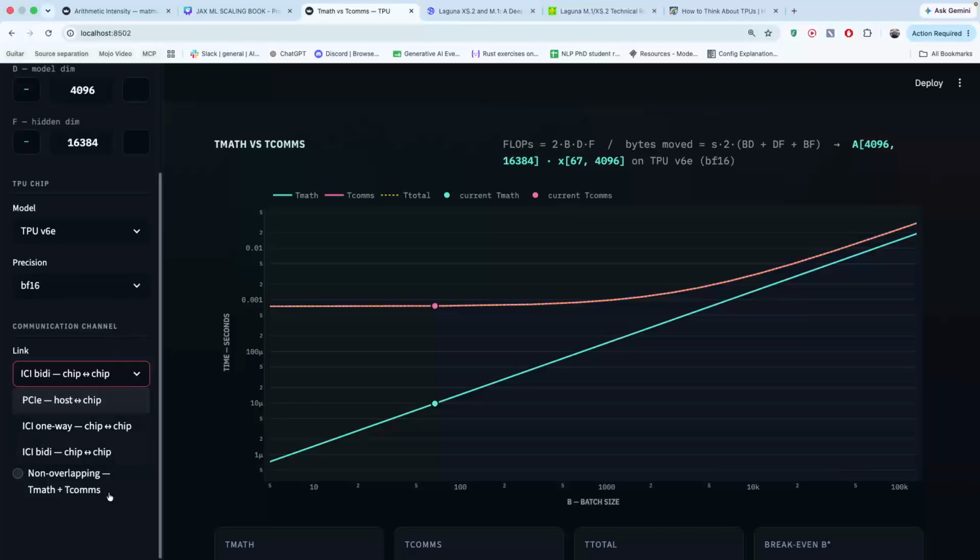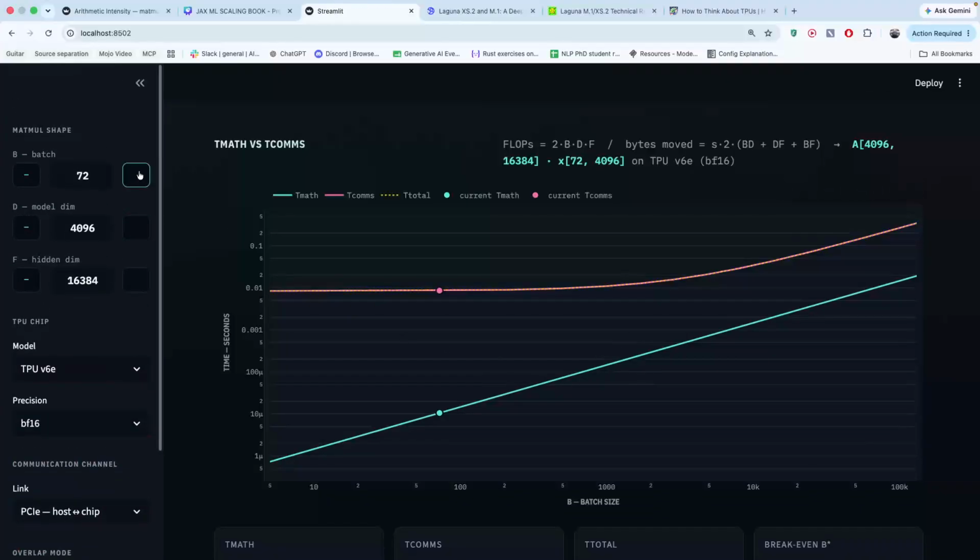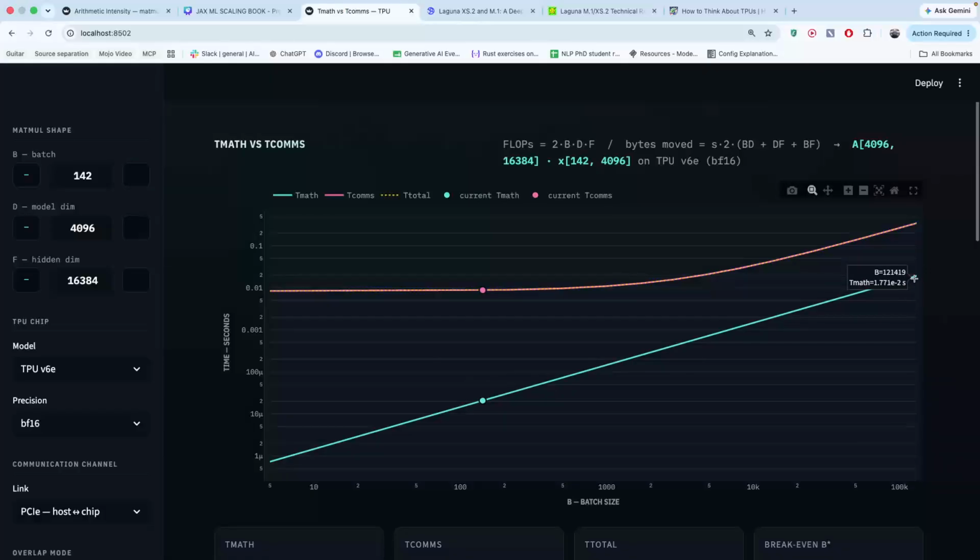So if I convert this into host to chip, see the difference in time. This red line is communication time with increasing batch size, and this blue line is computation time with increasing batch size. See, there is a wide gap between them. No matter how much batch size you have, these are never going to come close.